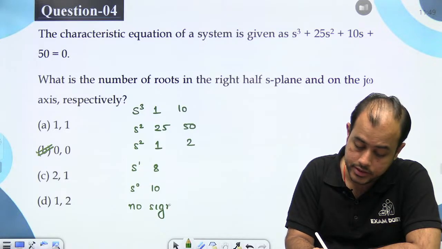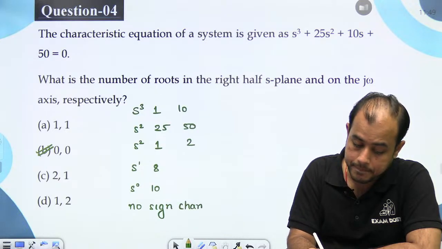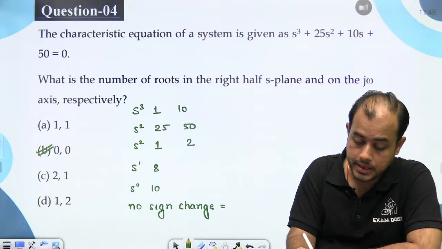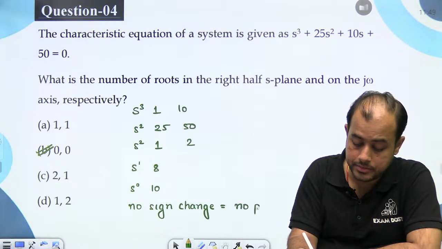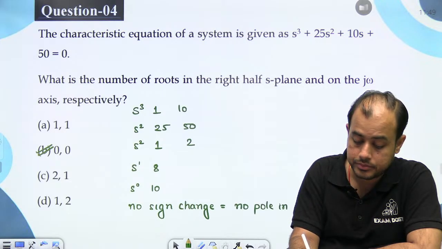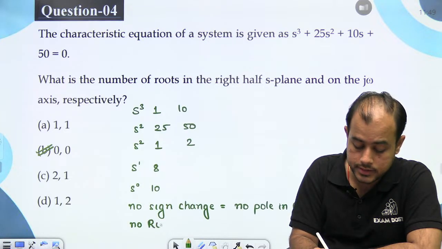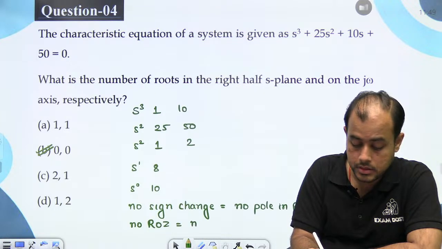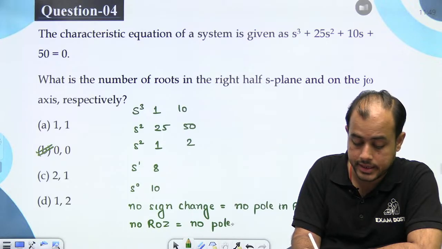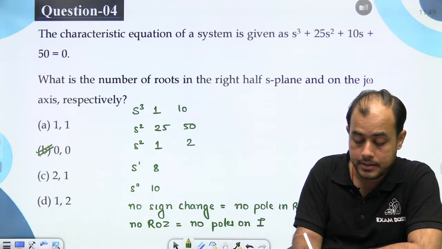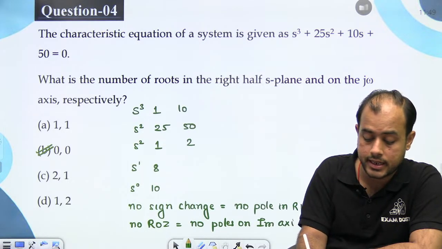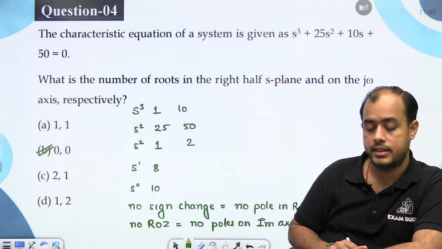No sign change, means no poles in RHP. No row of zeros, no poles on the imaginary axis. जब जीरो का कोई रोज नहीं आ रहा है तो इमेजिनरी एक्सिस पे भी नहीं होगा.